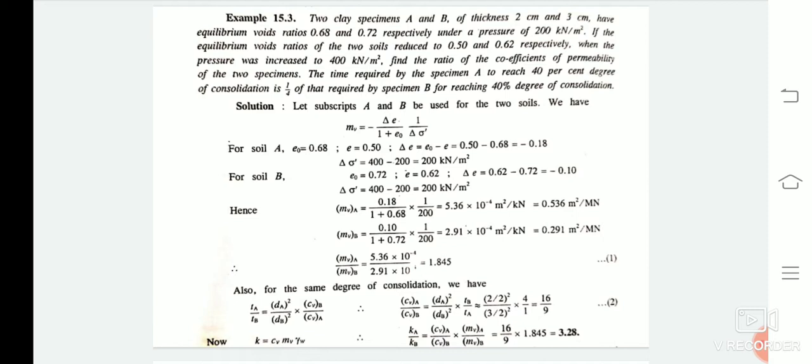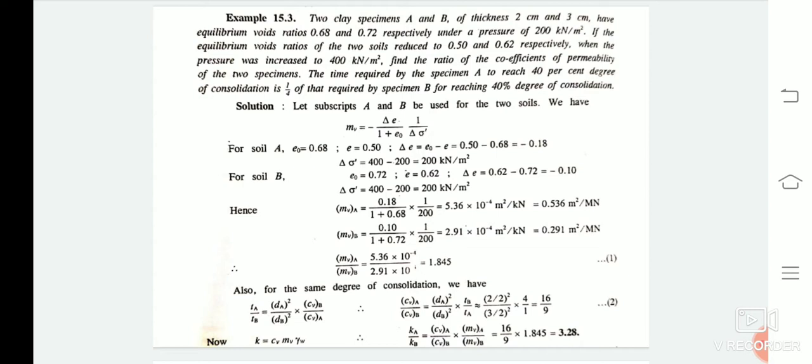The time required by specimen A to reach 40% degree of consolidation is 1/4 of that required by specimen B for reaching 40% degree of consolidation. So there are two soil samples, A and B, having various thicknesses and various void ratios. Hence we will compare the two values.